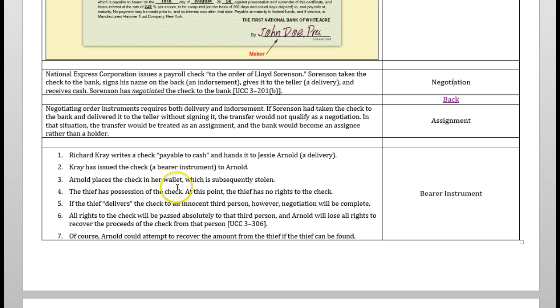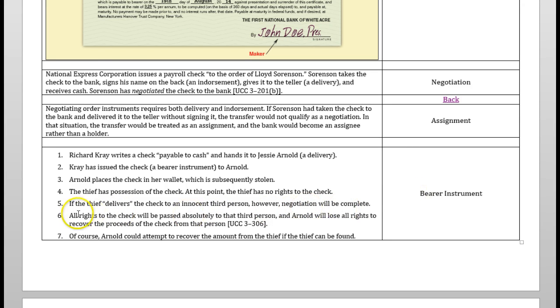Arnold places the check in her wallet, which is stolen. The thief has possession of the check, and at this point, the thief has no rights to the check. But if the thief delivers the check to an innocent third person, negotiation has occurred.